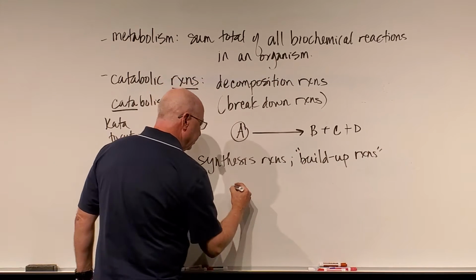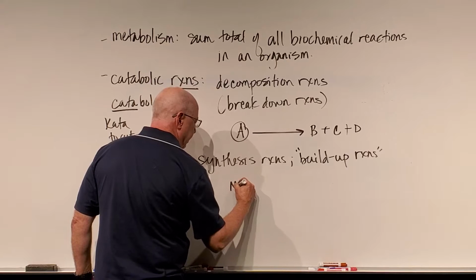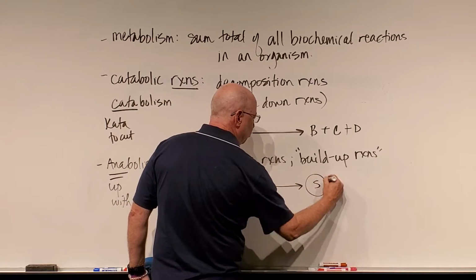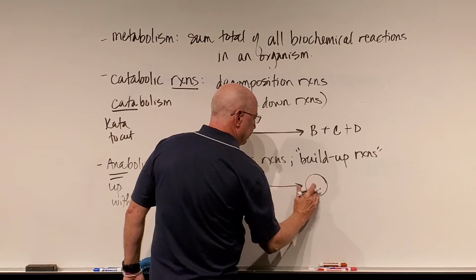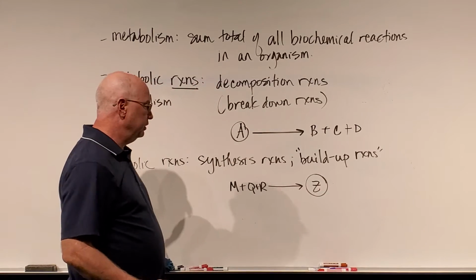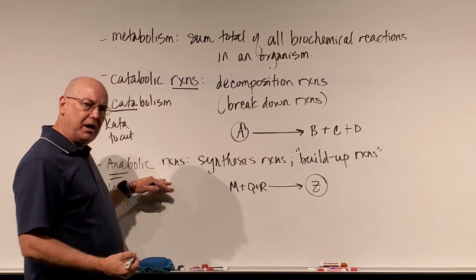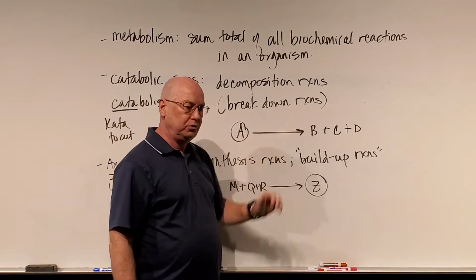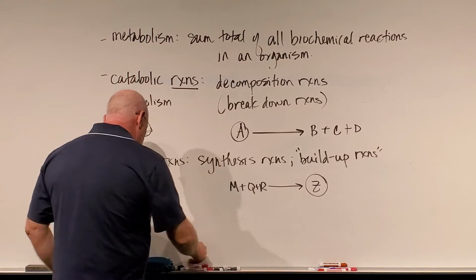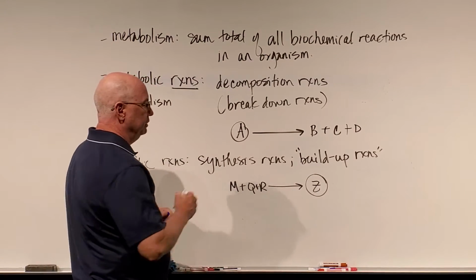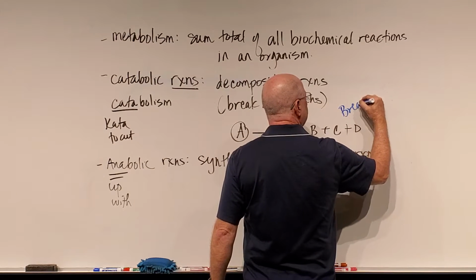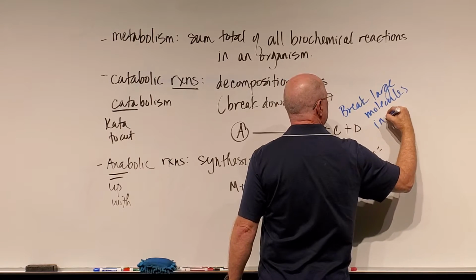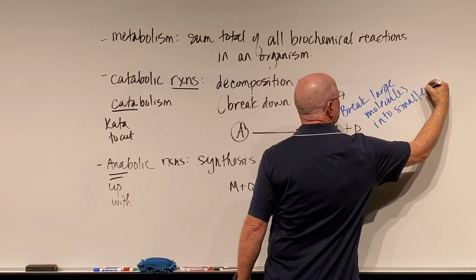So essentially, if I took several small compounds, compound M and Q plus R, and I run them together and make some really large molecule, let's say I make substance Z out of 3 smaller ones, then that would be an anabolic reaction. Essentially, a catabolic reaction is when we break a large molecule into smaller ones. And an anabolic reaction is when we build a large molecule out of smaller ones. So here we break large molecules into smaller ones.